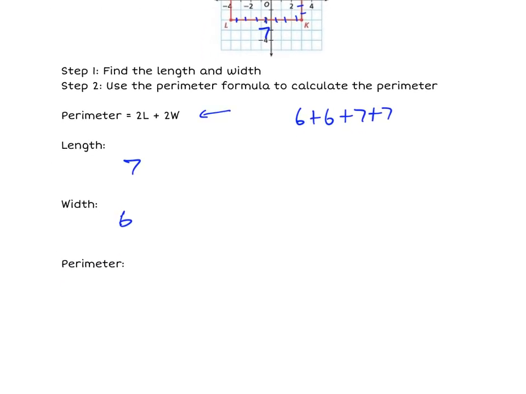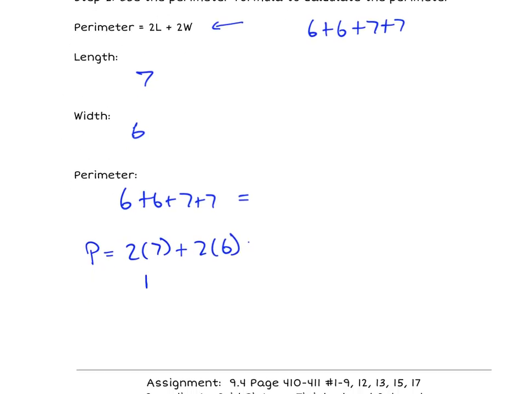If we do our perimeter, we can do it either the 6 plus 6 plus 7 plus 7, or we can say perimeter equals 2 times 7 plus 2 times 6, and 2 times 7 is 14, 2 times 6 is 12, so we get a total of 26. And if you were to add those, you would also get 26. So either way works for this.